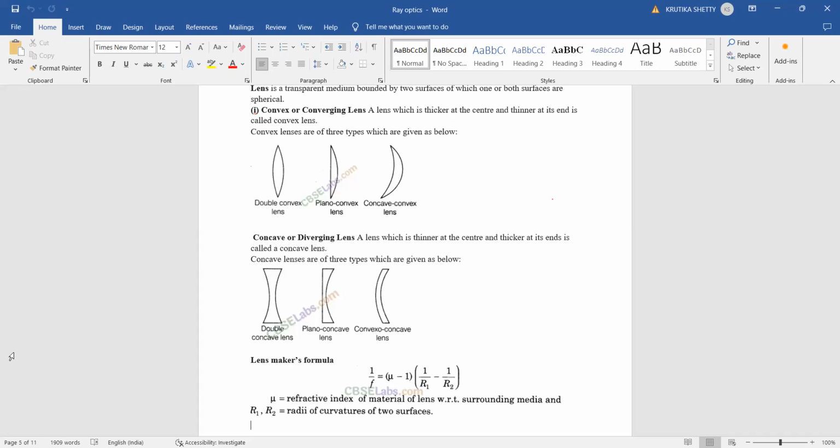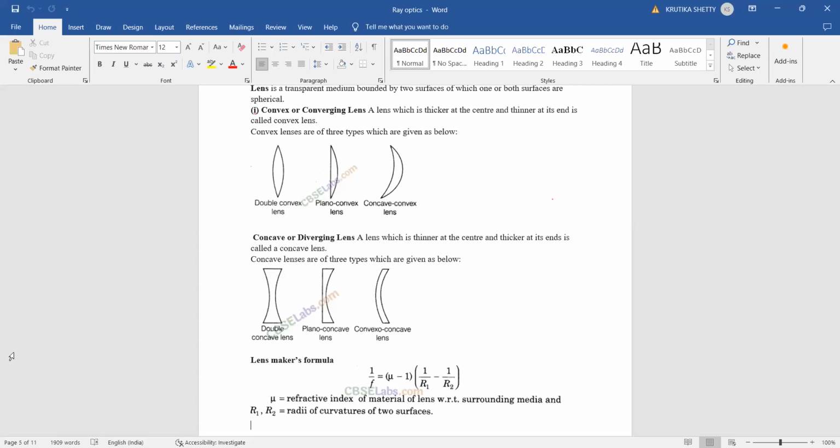That is called the double convex lens. Plano convex lens: one surface will be plane and the other surface will be convex. That is called the plano convex. Concavo convex lens: one is a concave surface and one is a convex surface, combined together they form the lens that is called the concavo convex lens.